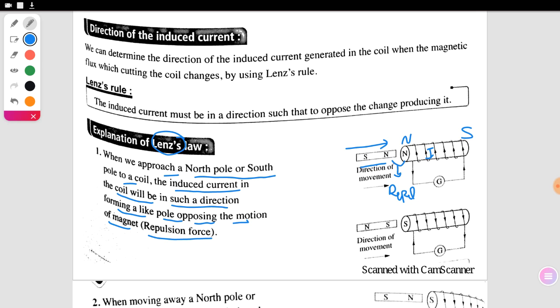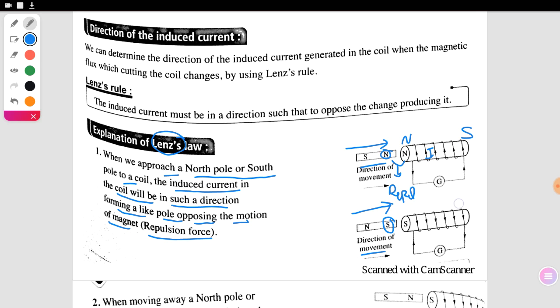This is determined by using Lenz's rule, but not by using Faraday's. If you approach the south pole instead of the north pole to the magnet, we observe that the direction of the current is reversed, downwards.